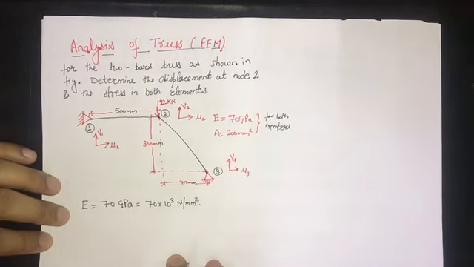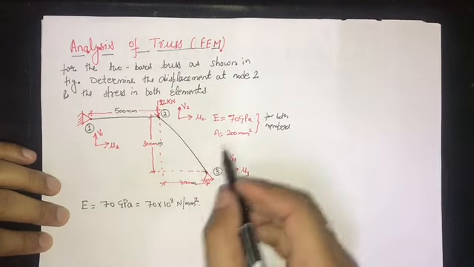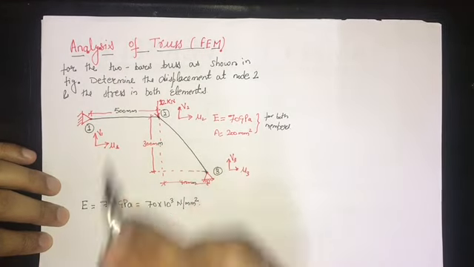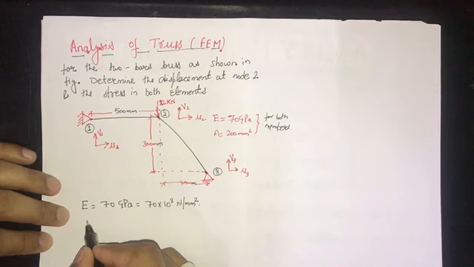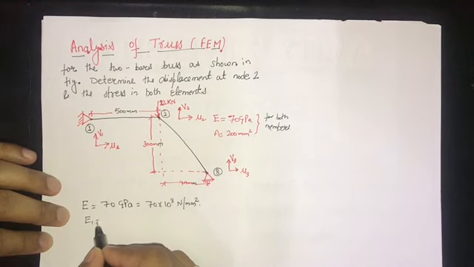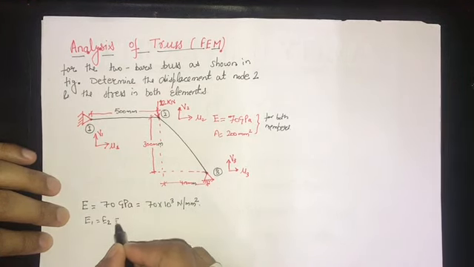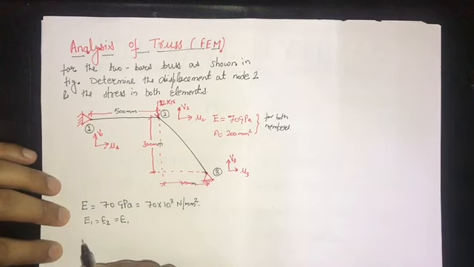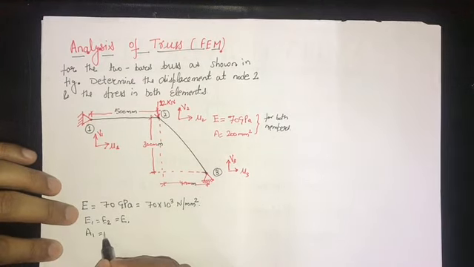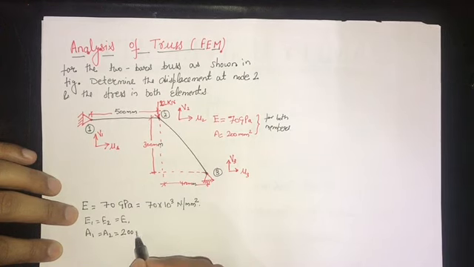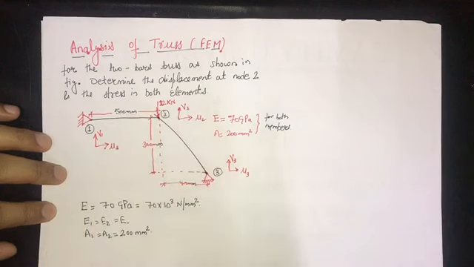Next, the area of each member is 200. Means E1 is equal to E2, which is equal to E, and also A1 equal to A2, which is equal to 200 millimeter square for both the elements.